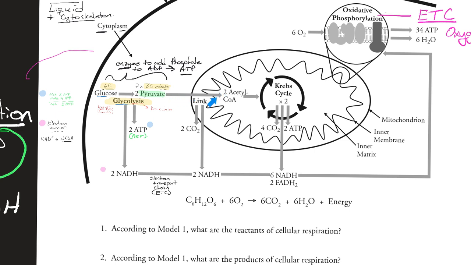The first thing that happens is a reaction that removes one of those carbons, and out goes carbon dioxide. Carbon with an oxygen. No oxygen you breathe in is used to make CO2 here. Are we clear? They love that question. I've seen it even on the MCAT. The oxygen that you breathe in does not go to make CO2. It goes to make water.